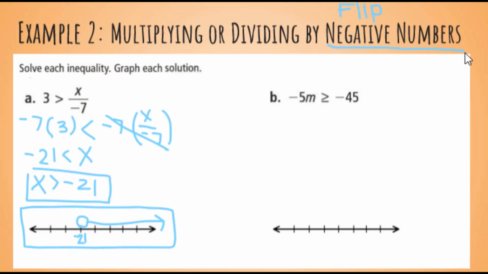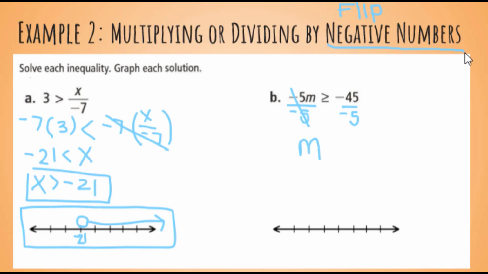Okay, the next problem, we have negative 5m is greater than or equal to negative 45. The negative 5 is being multiplied by m. So the opposite operation here is to divide by negative 5. So when I divide both sides by negative 5, those 5's cancel, so we get m.